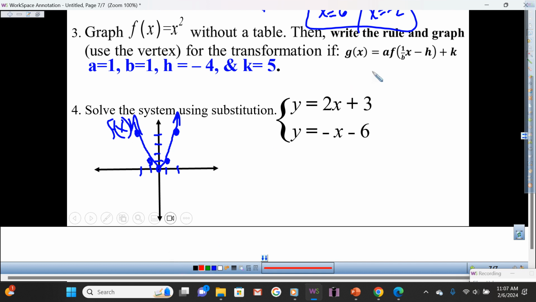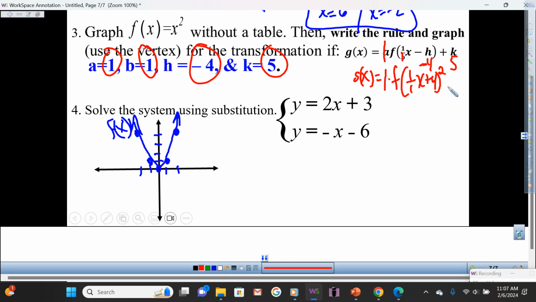Then we're going to write our new transformation using a = 1, b = 1, h = -4, and k = 5. So to rewrite this, g of x equals 1 times f of 1 over 1 times x minus negative 4, which is x plus 4, squared, plus 5. Now, do we need to show the 1s anymore? No. So my transformation rule should be g of x equals f of x plus 4 squared plus 5.